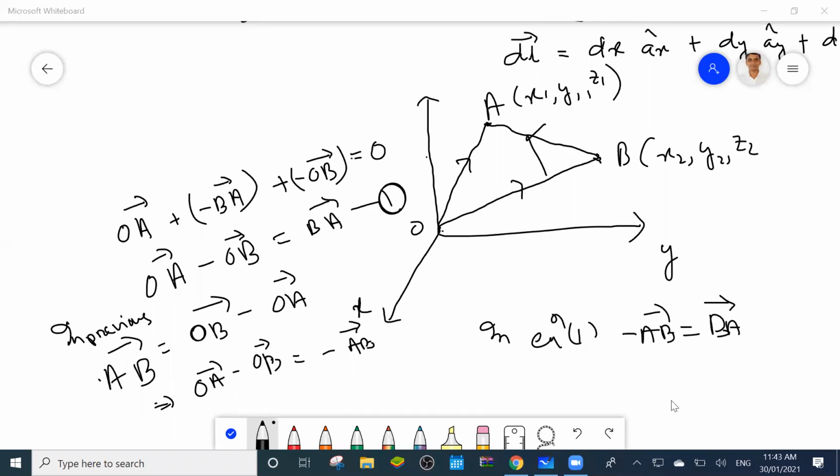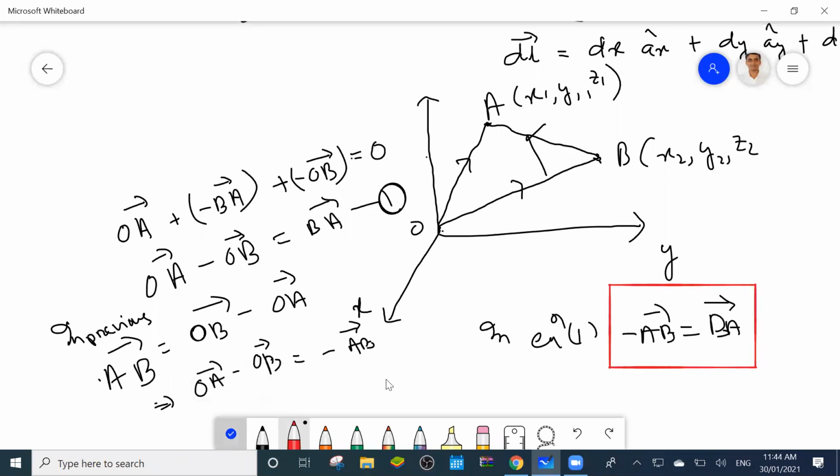So this is also a displacement vector, that is dl. BA you can find out as OA minus OB, that is the two-point notation. So you put the value, this is the proof. If you put only one minus sign, then you can find it.